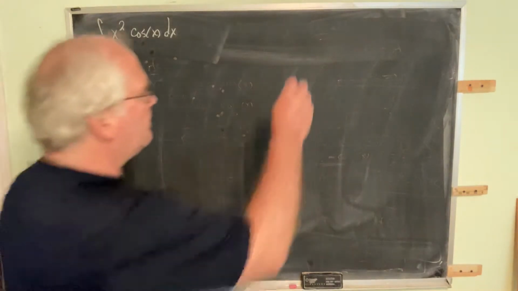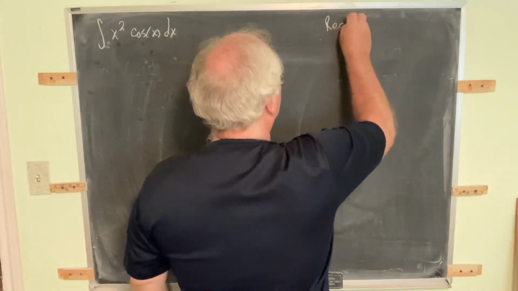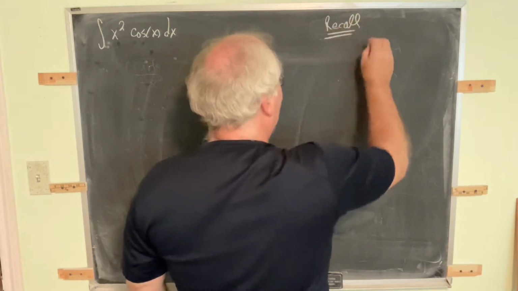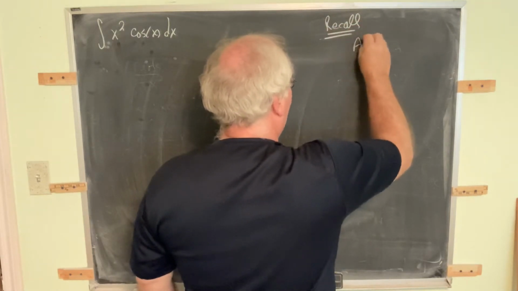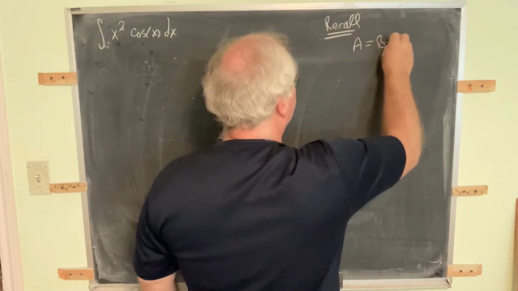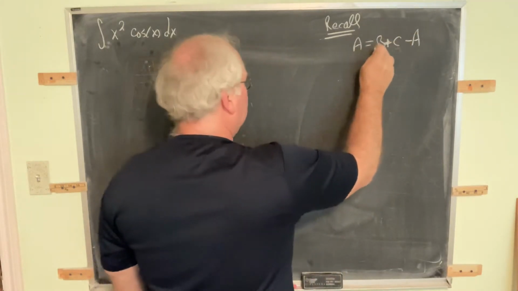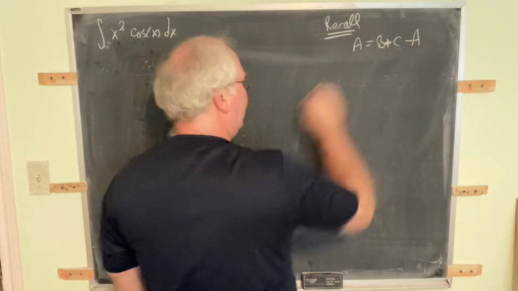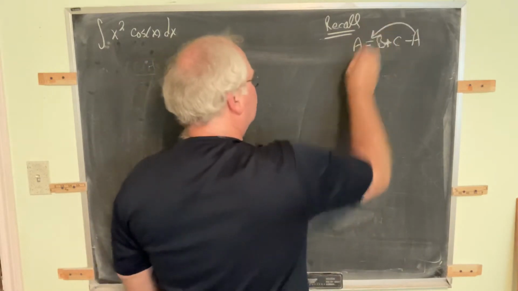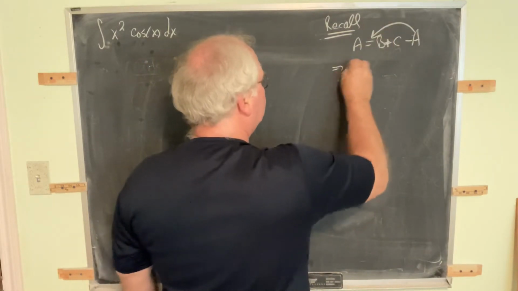And so the first thing I want to do is recall from our basic algebra, way back in basic algebra. If I have a equal to some expression b plus c minus a, you want to solve for a, you can add the a to the other side.